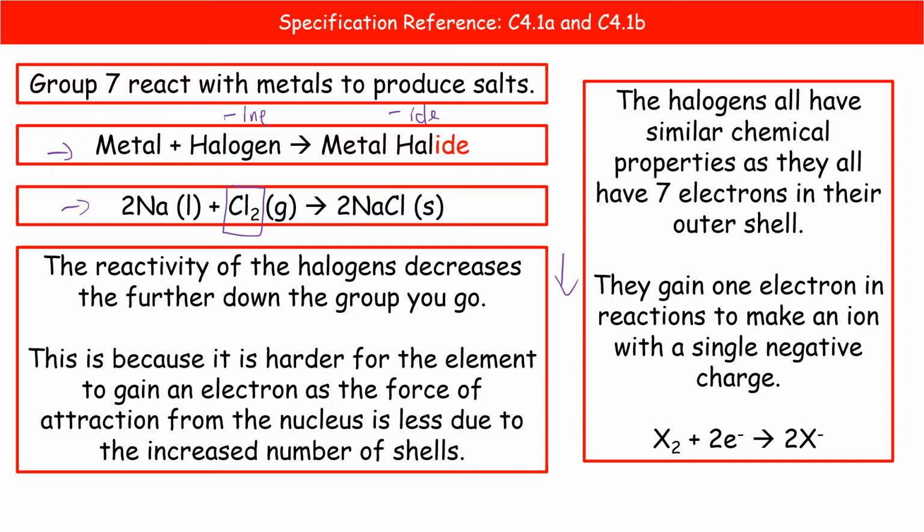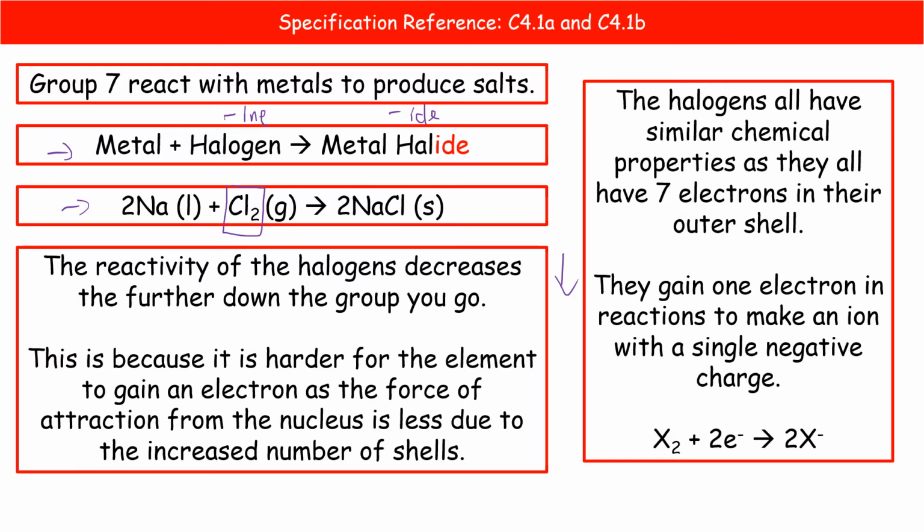What we're doing as far as group 7 goes though, is we need to gain an electron. So because we're trying to pull an electron in, if that outer shell is further from the nucleus, then we've got a weaker force of attraction, which makes it harder to gain the electron we need. Therefore, it's less reactive the further down we go.